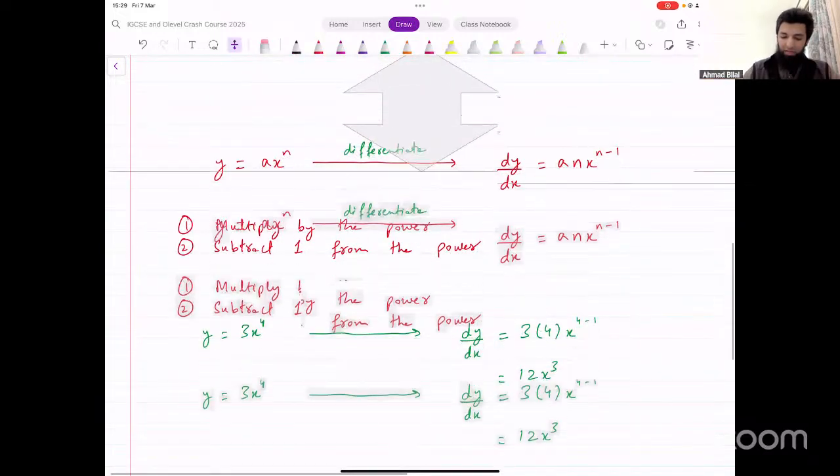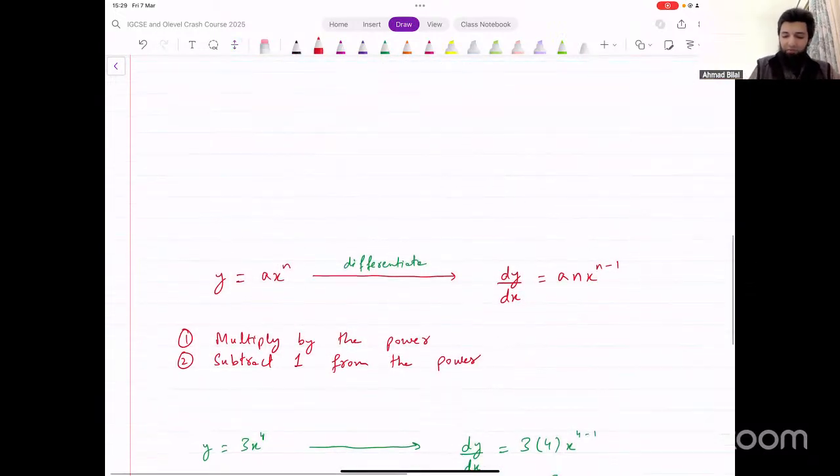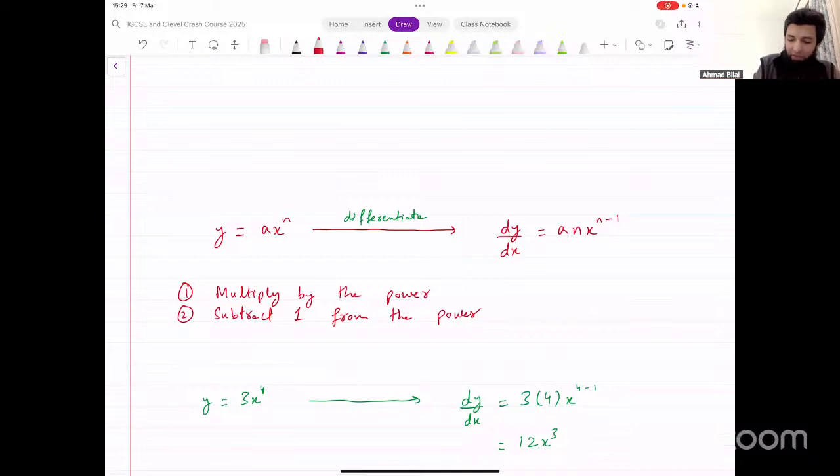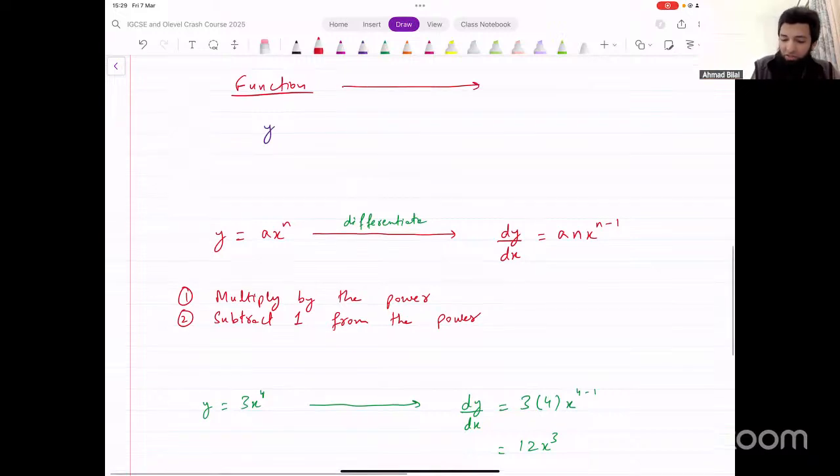Now, there are some notations that you need to be familiar with. If you have a function written as y equal to something, when you apply the differentiation process on that, the result that you get is called the derivative of that function.